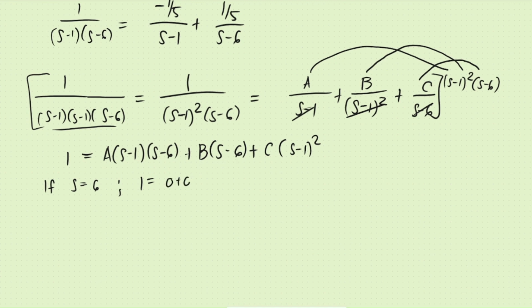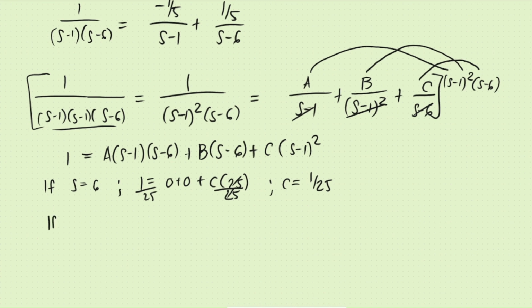So 0 plus 0 plus c times 6 minus 1 squared, so that would be 5 squared, right? 6 minus 1 is 5, so let's write 25, because 5 squared is 25. And let's divide by 25, and we'll have now c is equal to 1 over 25.